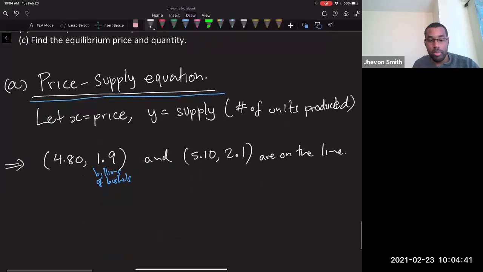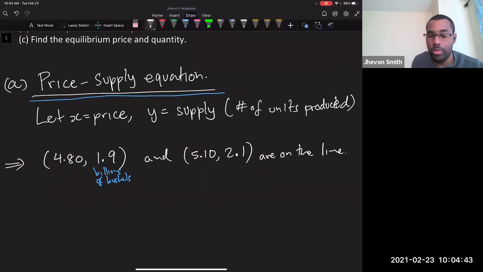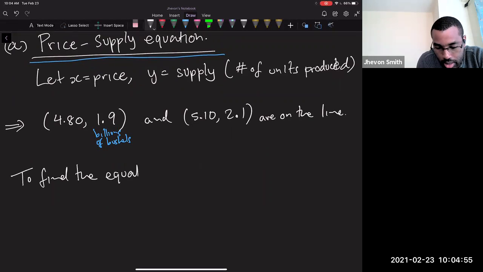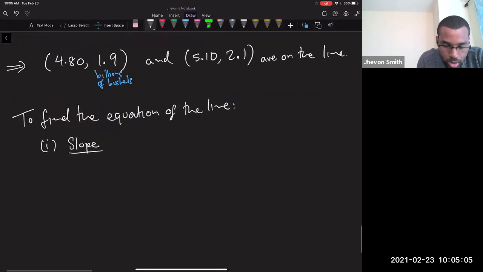Okay. So here's something, of course, I expect you to know how to do. If I give you 2 points, you should be able to find the equation of the line that connects the 2 points. So to find the equation of the line, one, we need the slope. Hopefully you remember the slope formula, y2 minus y1 over x2 minus x1.